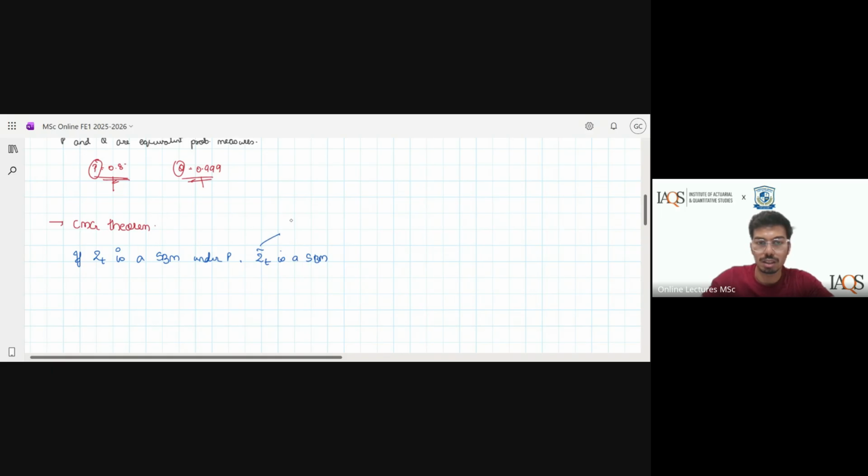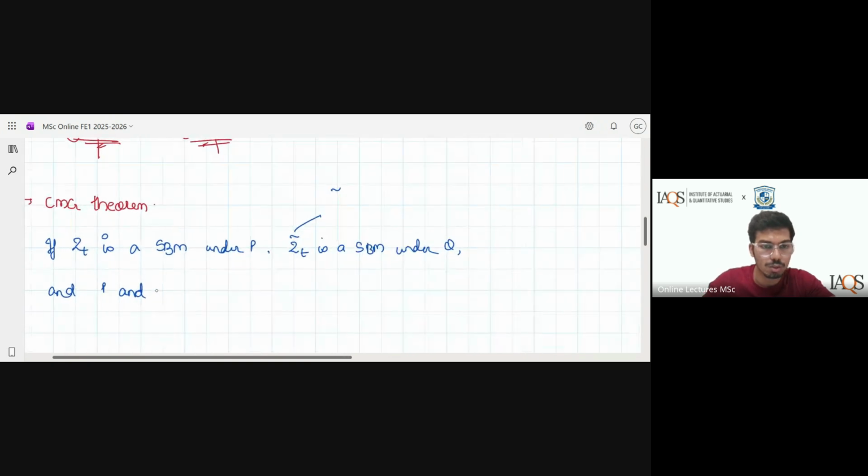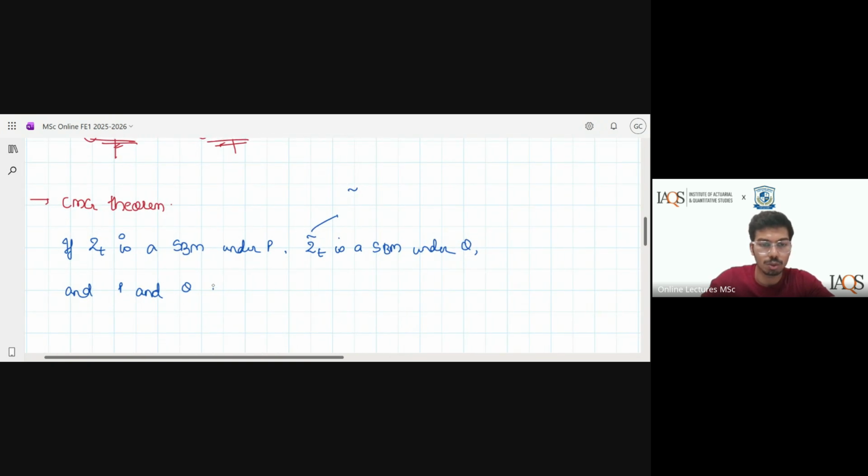This is called tilde, it's like a swiggle above Z. It is an SBM under Q, and P and Q are equivalent probability measures.